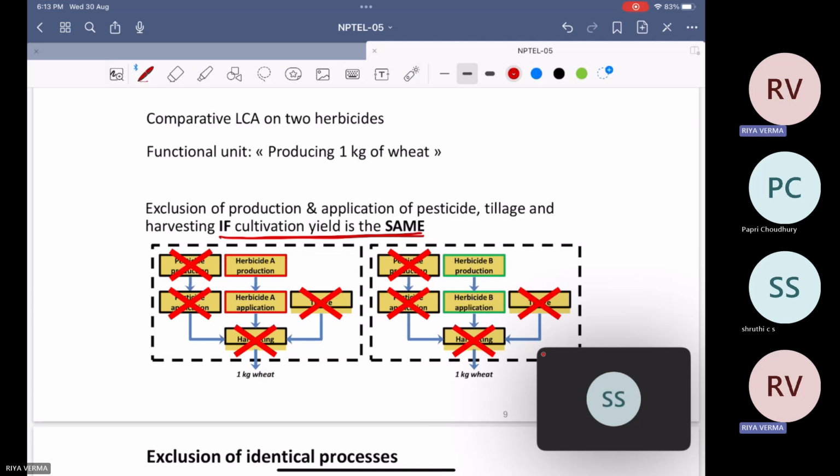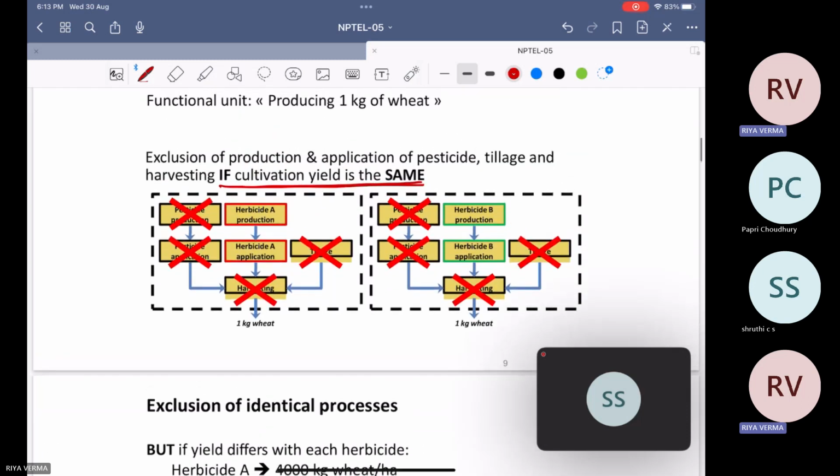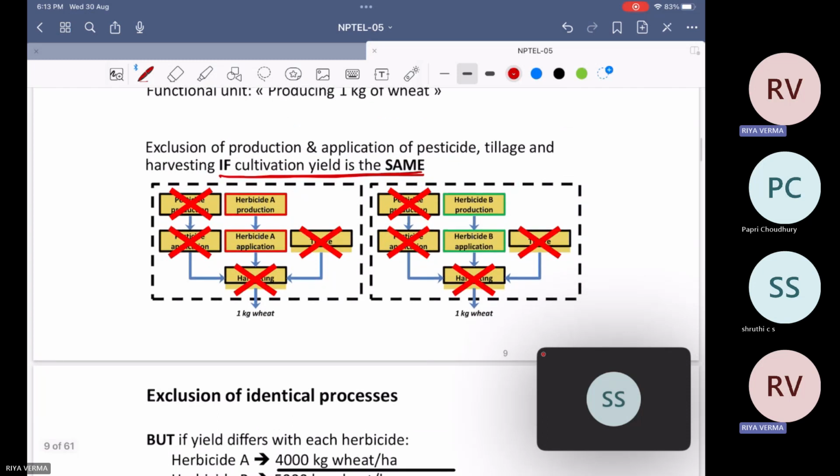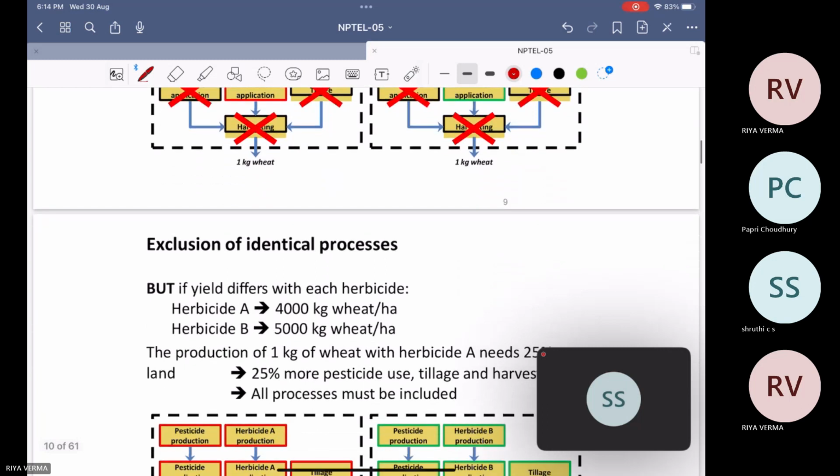Tillage is the preparation of the soil before the sowing of the crops, and harvesting is the process of cutting down the fully grown crops to obtain the grains or the food products. So we are excluding the production and application of the pesticides, the tillage and the harvesting unit process, because the cultivation yield is the same.